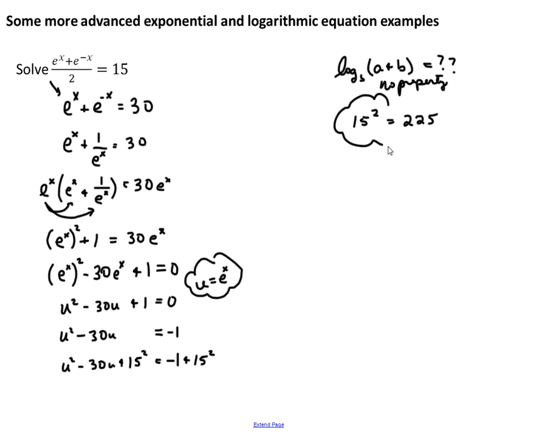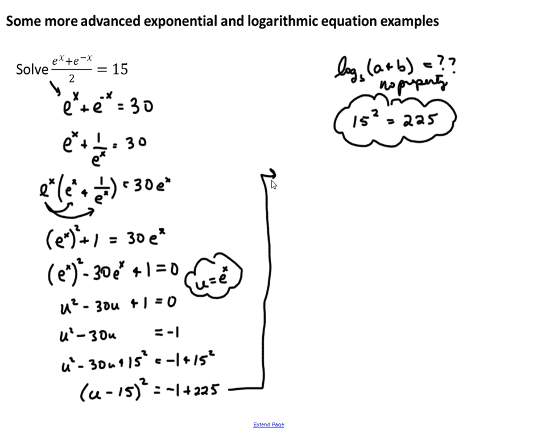Now, I did go through a trick on how you can square two-digit numbers that end in 5 very quickly, but in this case we'll just take it as read. It's 225. So what have we got? On the left-hand side, we have u minus 15 quantity squared is equal to negative 1 plus 225. So our algebra tells us that u minus 15 squared is equal to 224.